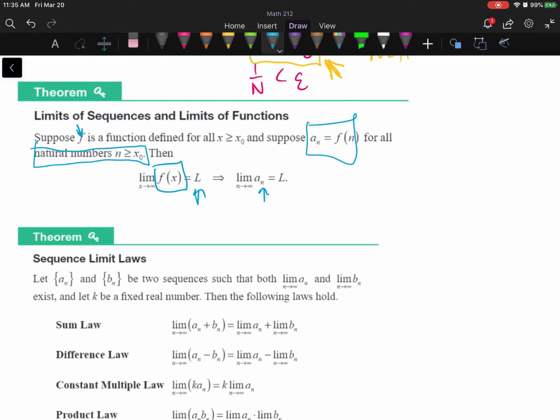So this basically says that for all x greater than some x0, that x0 is kind of like the first spot where the function and the sequence agree completely. But essentially, if we've got a function and a sequence that are agreeing completely as n goes on, then their limiting values are going to be the same.